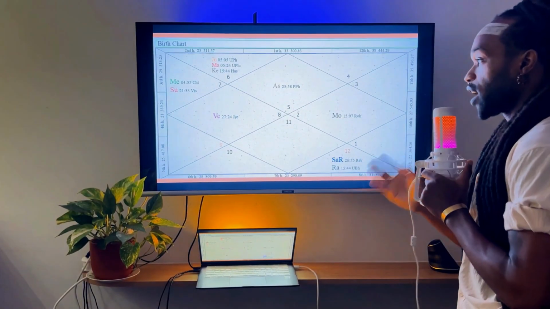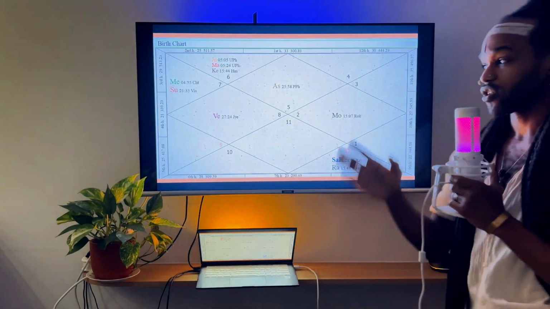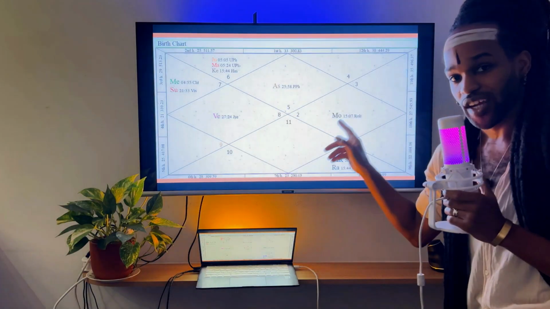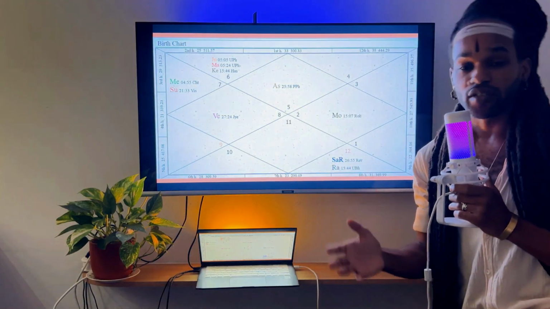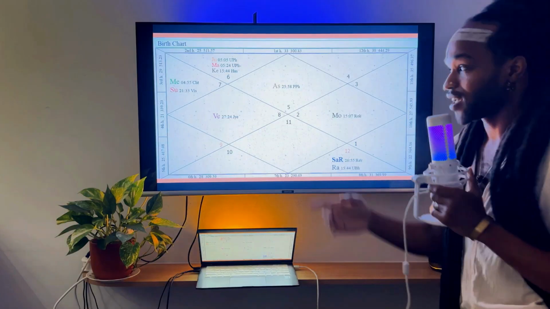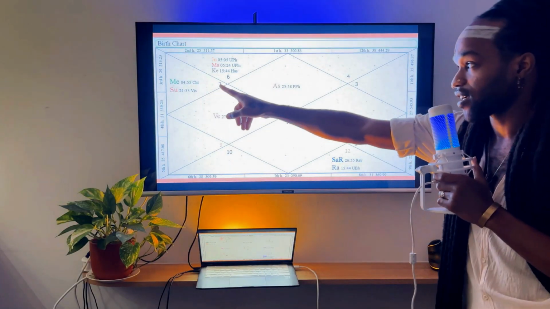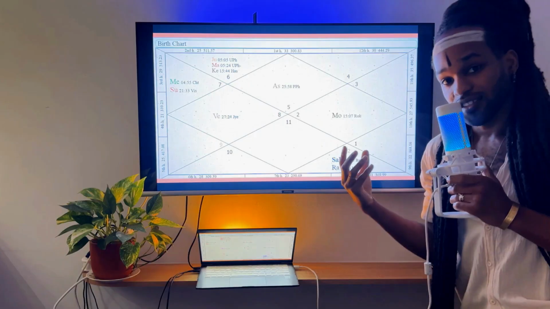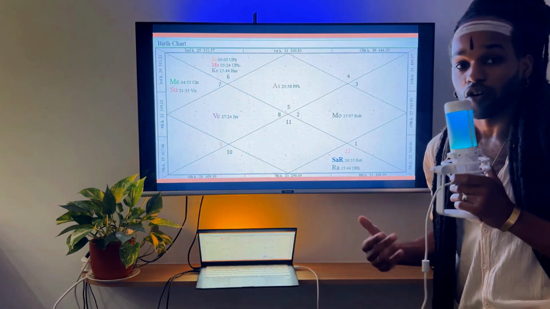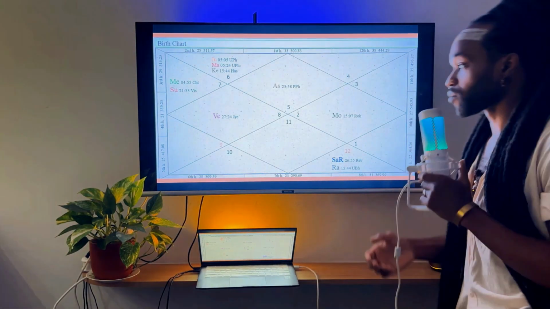The kind of partner that you want is seen based on where Libra is located in your chart. Libra is known as the 7th zodiac sign. This is Libra right here, because 7 is the 7th zodiac sign. That's Libra, also known as Tula in Sanskrit.